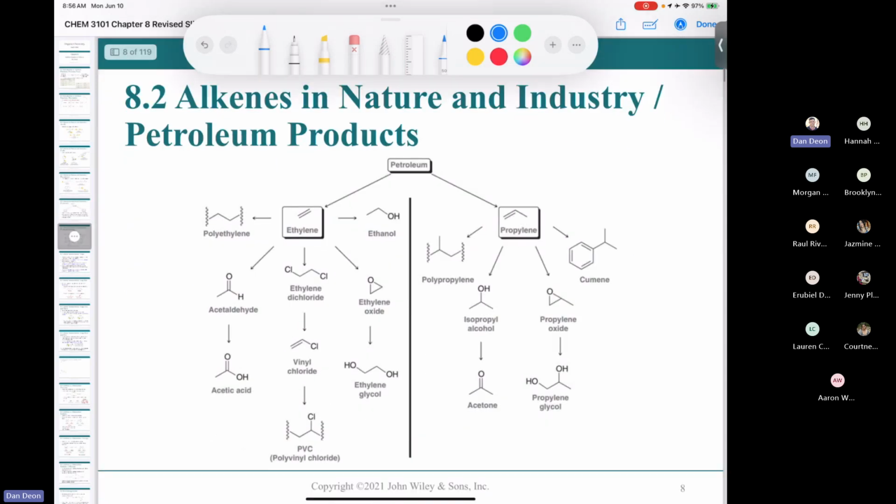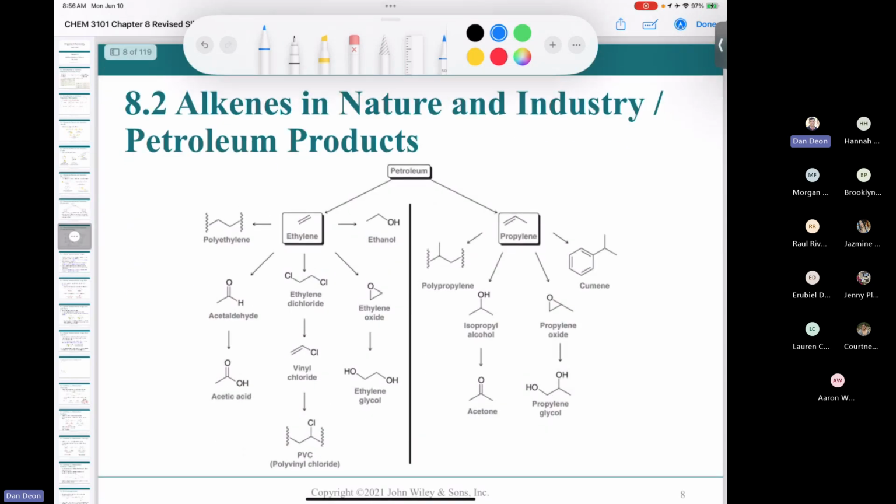So if you're going, well, what the heck am I going to do with these? It's a good question, but you can use ethylene to make a lot of different compounds. You can even make ethanol from ethylene, and propylene can be used to make a lot of compounds as well. You see ethylene glycol, polyvinyl chloride or PVC, acetic acid, right? The list goes on. And then from propylene, we get propylene glycol, acetone, et cetera.